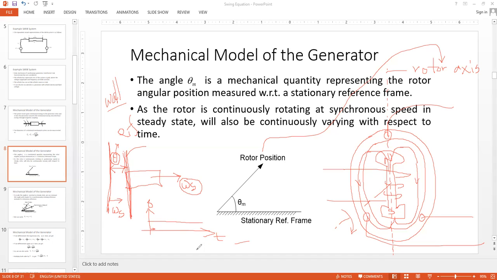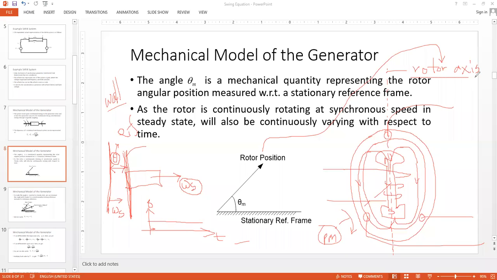So whatever I have discussed till now is for linear motion. The same thing is applicable for angular motion or angular speed, because our rotor is moving in an angular manner. Due to the torque of the prime mover, this rotor will keep on moving.